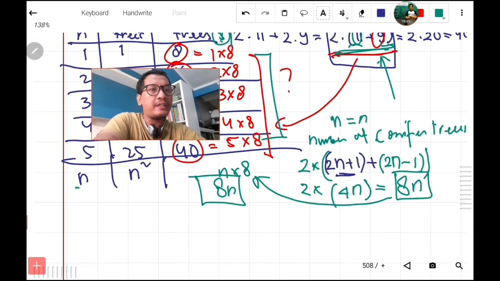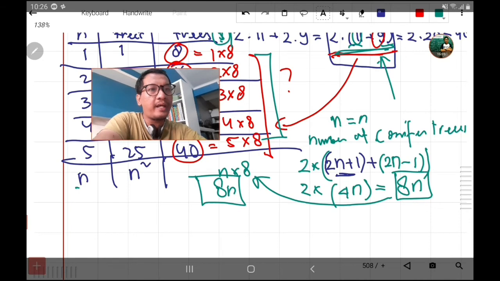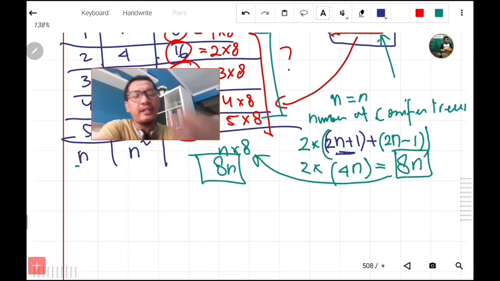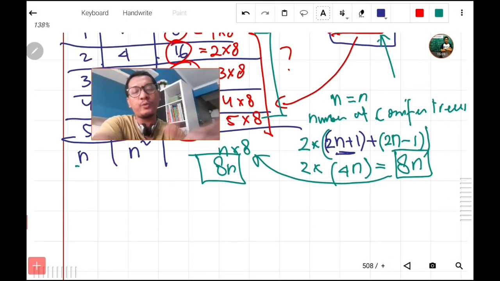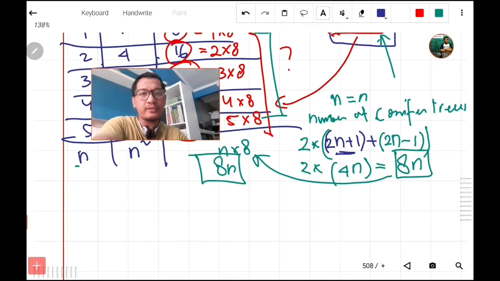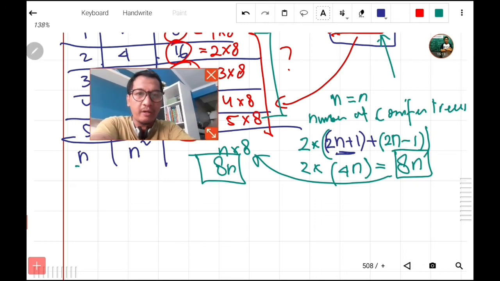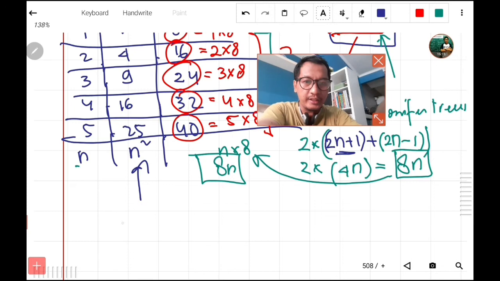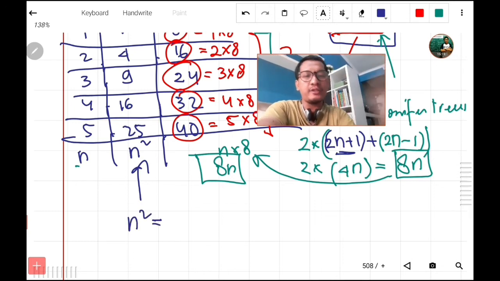In this condition, the number of apple trees is equal to the number of conifer trees. The number of apple trees is n square, equal to the number of conifer trees, 8 times n.